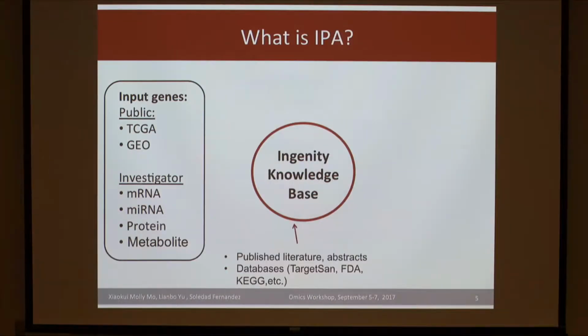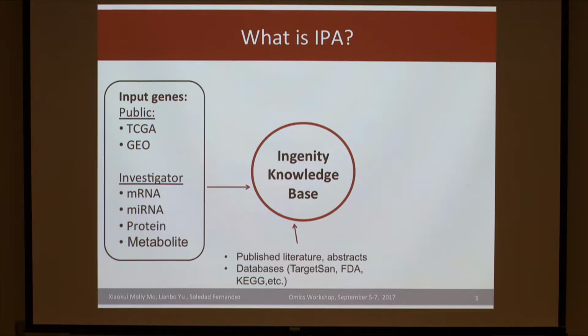Here is a summary of how IPA works. For IPA, you input genes. Right now they also have metabolomics analysis in IPA, so you can input molecules and metabolites too. You can input public information from the TCGA or the NIH GEO, and also your own data, like messenger RNA, microRNA, proteins, and metabolites.